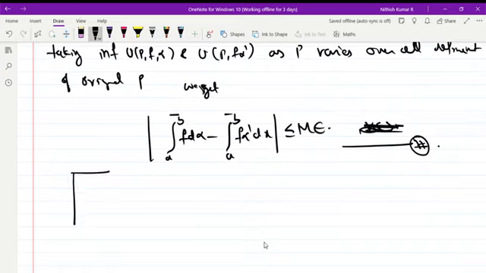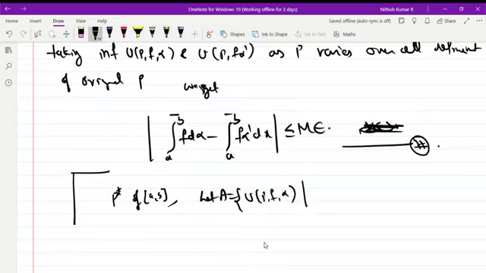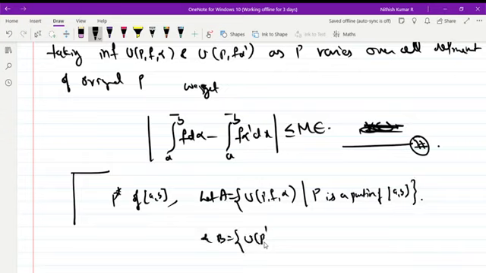Take it as an exercise. If f is a bounded real valued function on a closed interval and alpha is monotonically increasing, and P star is a partition of the closed interval [a, b], let A be the set of all U(P, f, alpha), where P is a partition of [a, b], and B be the set of all U(P dash, f, alpha) such that P dash is a refinement of P star.